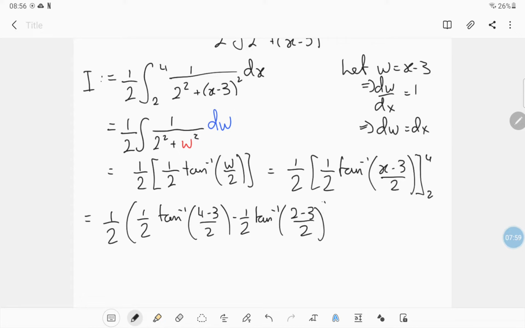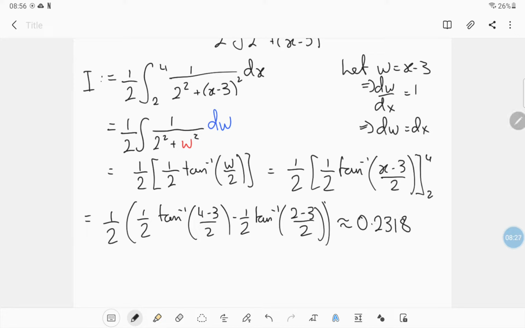I'm just going to bang that into the calculator and get round what I have to 4 significant figures. Actually, I'm going to take out a quarter altogether. Then I have inverse tan of 1/2 minus inverse tan of minus 1/2. And I get 0.2318.